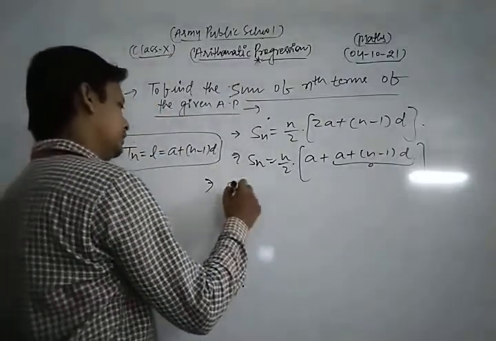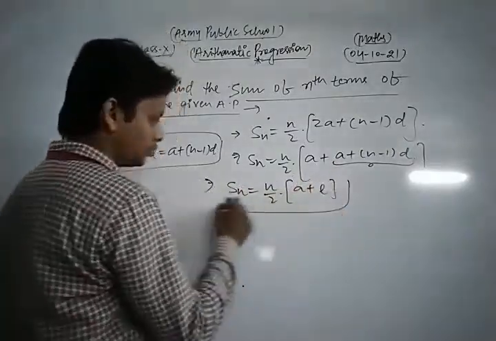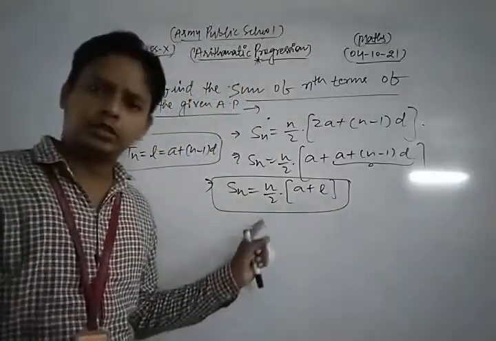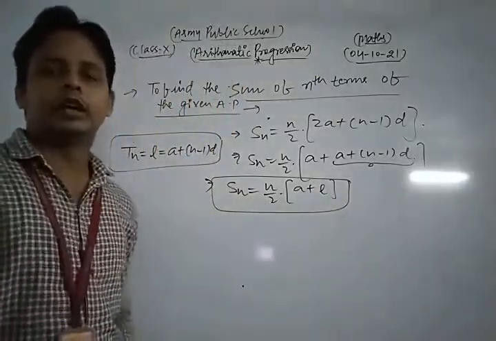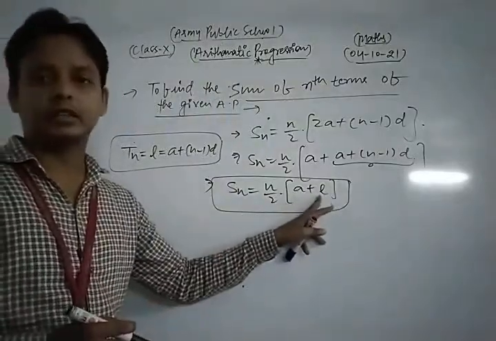So we get Sn is equal to n by 2 in bracket a plus l. This is also a formula to find the sum of n terms of the given AP. Here a is the first term and l is the last term.